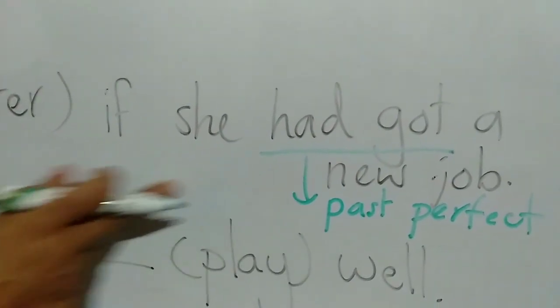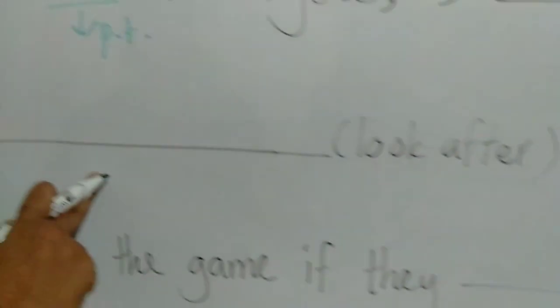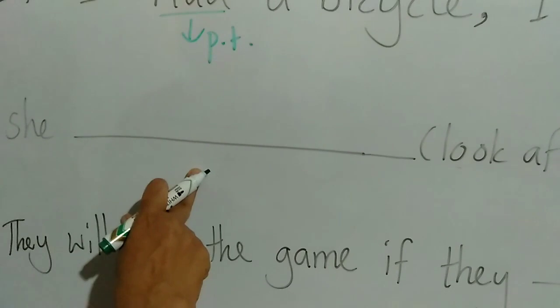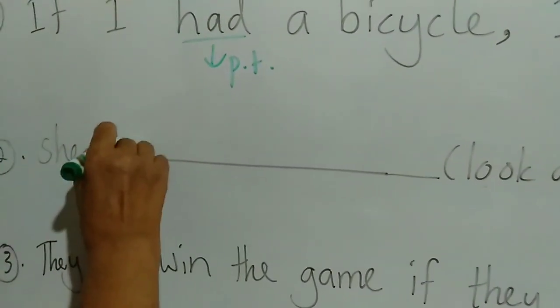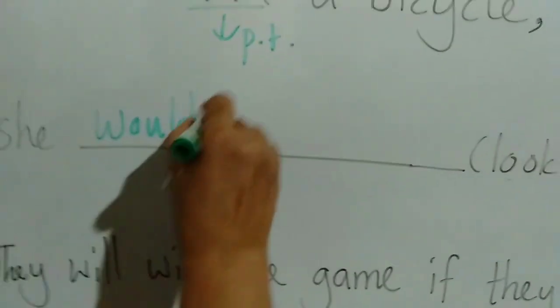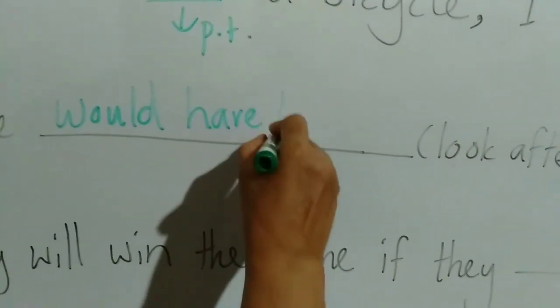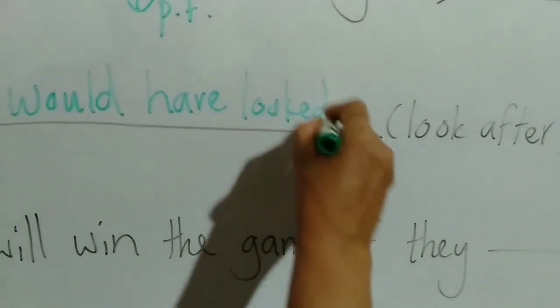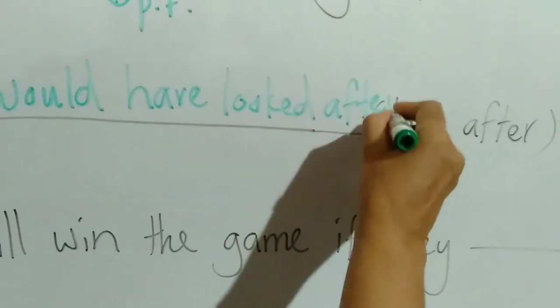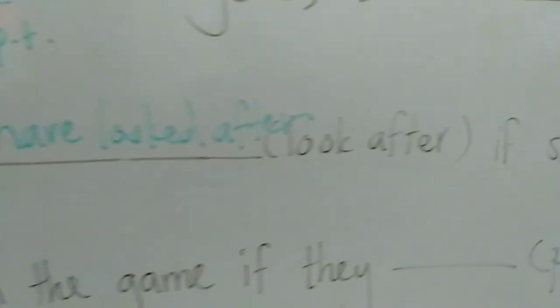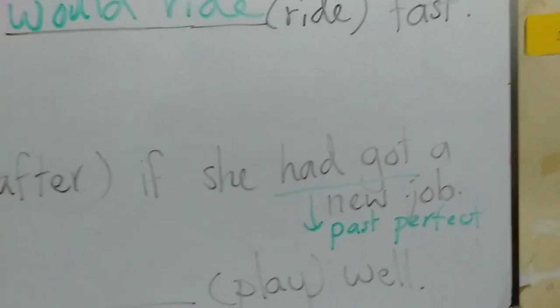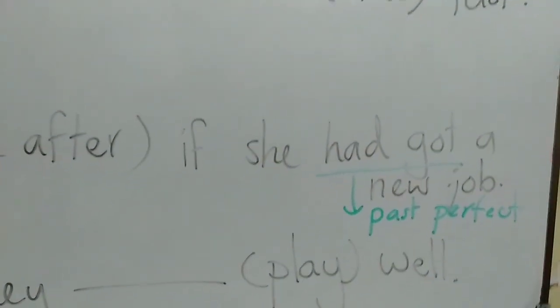Then how can you form the main clause? You remember, would plus have plus past participle. Then she would have looked after. She would have looked after if she had got a new job. That is if type 3.